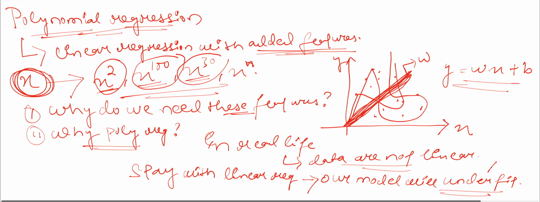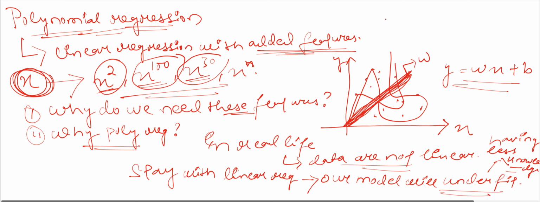Underfitting means, in simple terms, having less knowledge. So to make a model more accurate, we go with this polynomial regression.